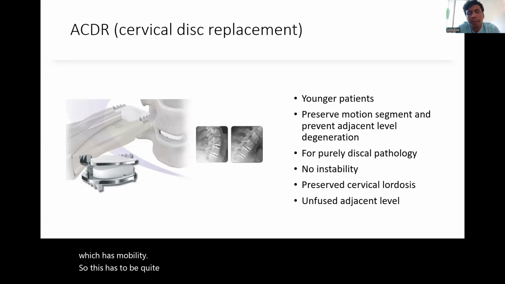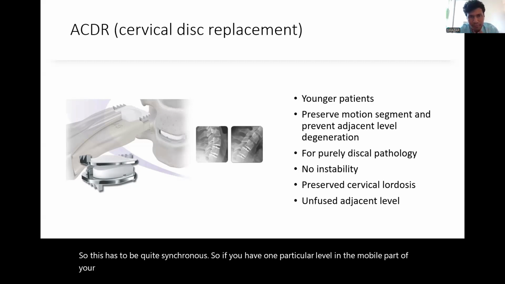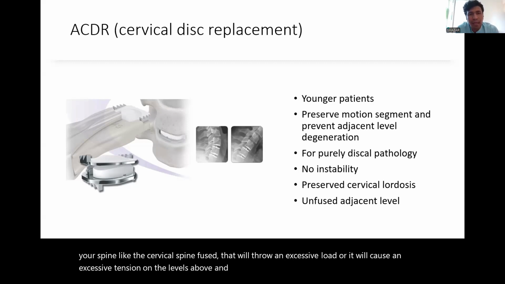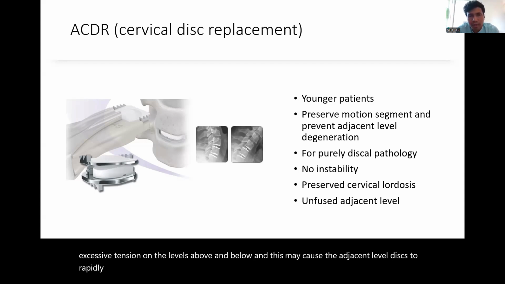So if you have one particular level in the mobile part of your spine, like the cervical spine, fused, that will throw an excessive load, or it will cause an excessive tension on the levels above and below. And this may cause the adjacent level discs to rapidly degenerate or wear off. We call it adjacent level degeneration.